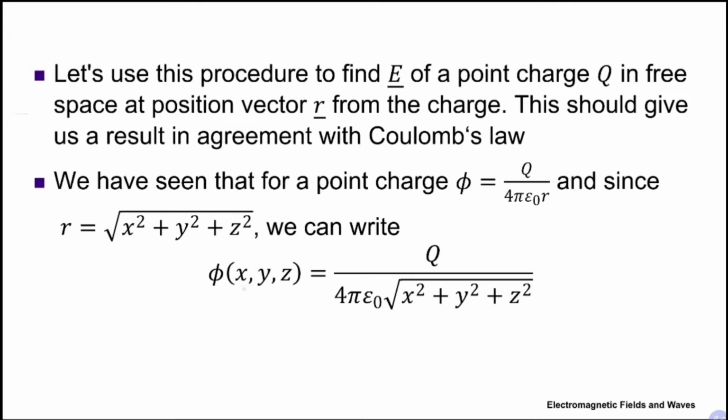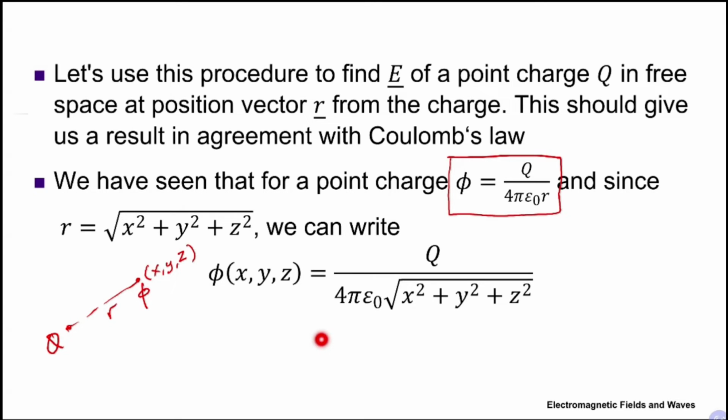The potential of a point charge can be written as Q over 4 pi epsilon naught R, which we derived earlier. For a point charge Q at distance R, the potential equals Q over 4 pi epsilon naught R. In a 3D coordinate system, R will be a point x, y, and z.